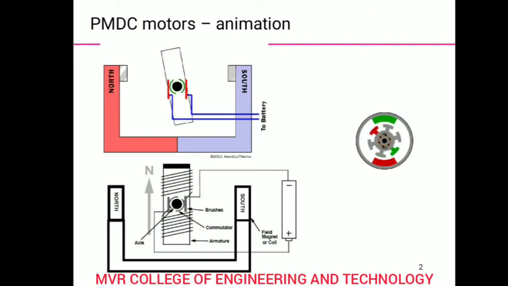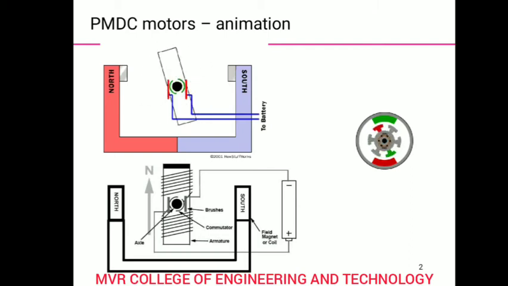If you see the working principle, whenever the DC supply is given to the rotor, it gets excited and produces flux, and the permanent magnets also produce flux. From the stator there will be a flux, and from the rotor there will be a flux. These two fluxes will interact with each other, and the opposite fluxes will interact and produce an EMF. This EMF will rotate your rotor.